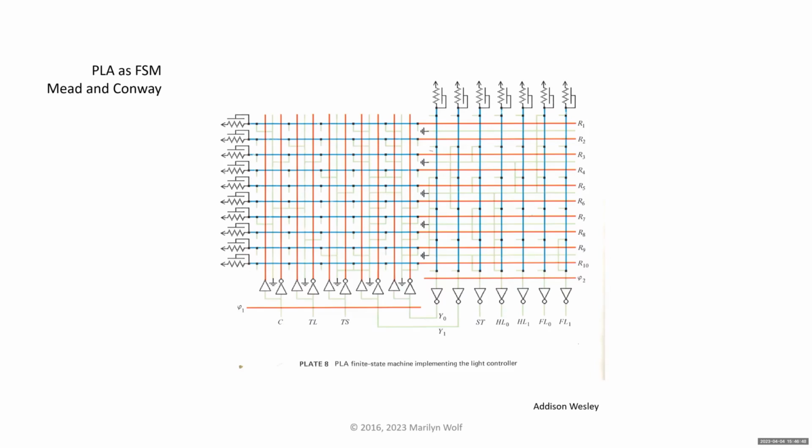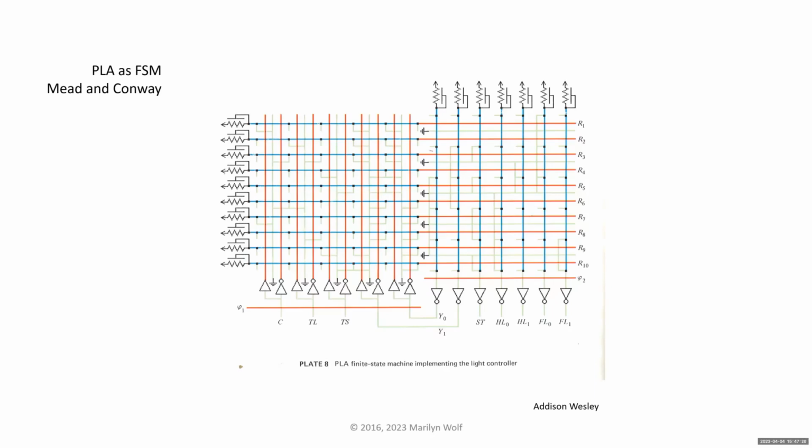The left-hand side is the AND plane. On the left-hand side of that left-hand block, you'll see these funny symbols that look like resistors. Those are the pull-up transistors. So you can see that those are connected to each metal wire. And you can see that there are programming tabs in some positions in order to create pull-down transistors. Okay.